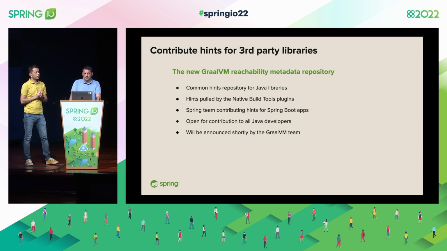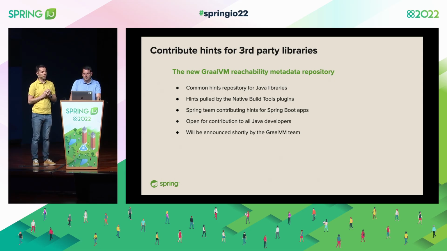So what the GraalVM team is working on right now, and will announce soon, is a reachability metadata repository. This is a repository where hints for a bunch of Java libraries will be declared, so the community can contribute JSON configuration files and tests to validate them. Once it's there, it will be automatically fetched by the native build tools plugin. Looking at your class path and your dependencies, it will fetch the right metadata, so you don't have to figure everything out by yourself.